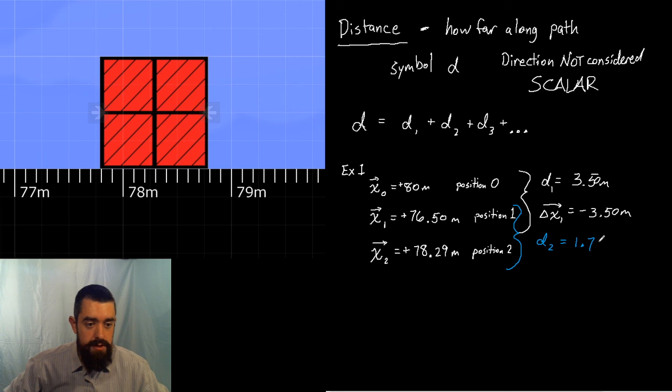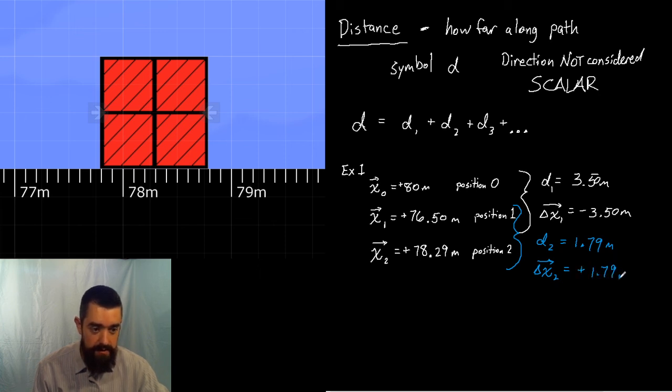Do I need to put a little plus on this? No, I don't, because distance does not consider the direction. But delta x, so delta x2, the difference, I could say delta x1 to 2, or I could just say 2, that's fine. That's the naming convention that I came up with for now. So I got plus 1.79 meters.